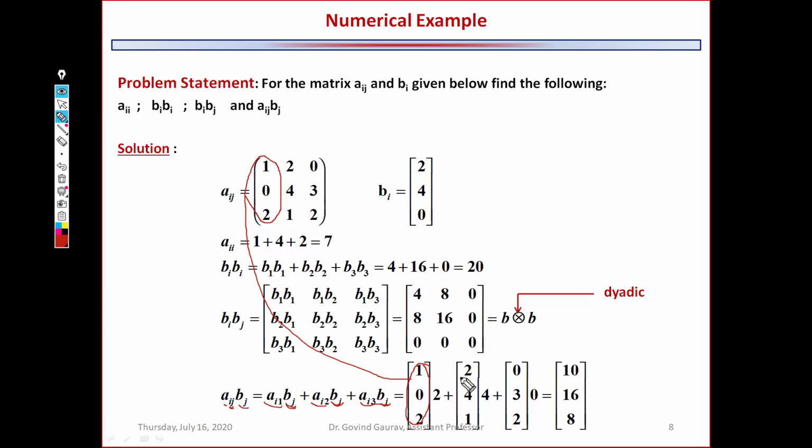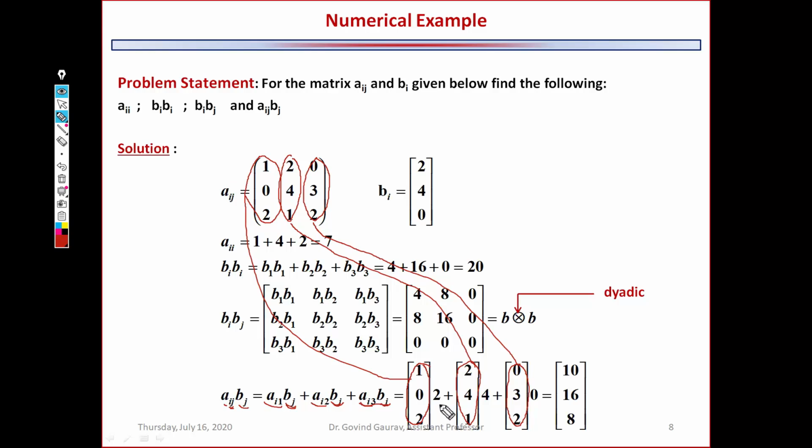The third, ai3, is these coefficients. Where are these coefficients in aij? These are these coefficients in aij.